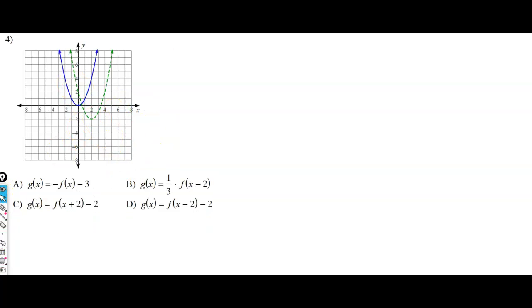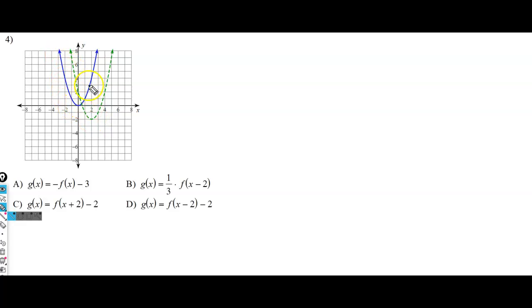Okay. Now we're going to switch gears a little bit, and look at it more mathematically rather than verbally. But we're still going to think of the verbal aspect as we try to solve this. Now, as you can see, comparing the blue line to the green line, it looks like they took this parabola and shifted it over 2 spaces and down 2 spaces.